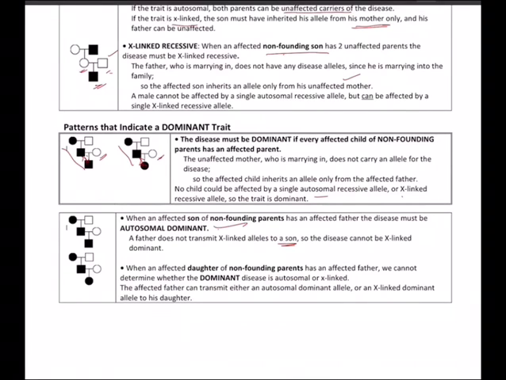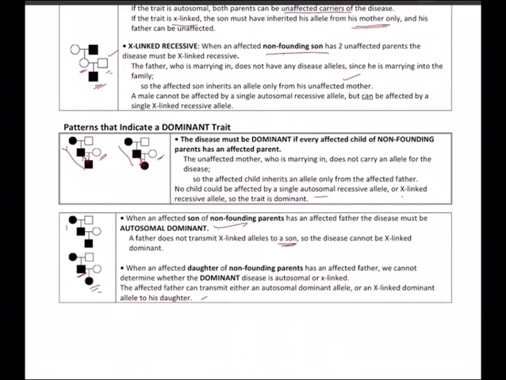When an affected daughter of non-founding parents has an affected father, look at this, father is affected, we cannot determine whether the dominant disease is autosomal or X-linked. But the affected father can transmit either an autosomal dominant allele or an X-linked dominant allele to his daughter.